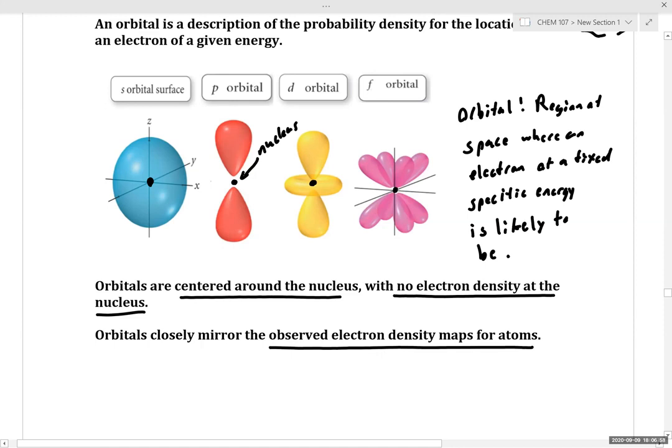I know this seems a little weighty at first glance, but I just want to check. Is everyone comfortable with this idea of what an orbital represents? It's a region of space where an electron of a fixed energy is likely to be.